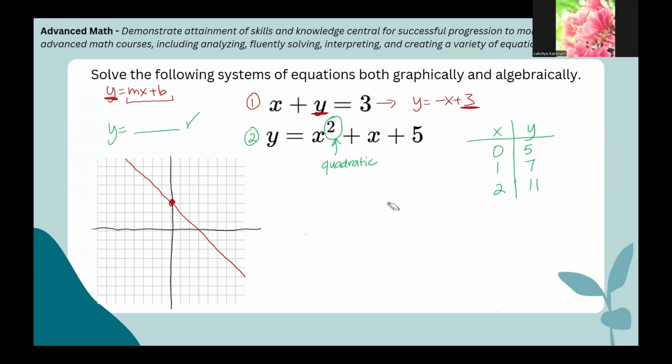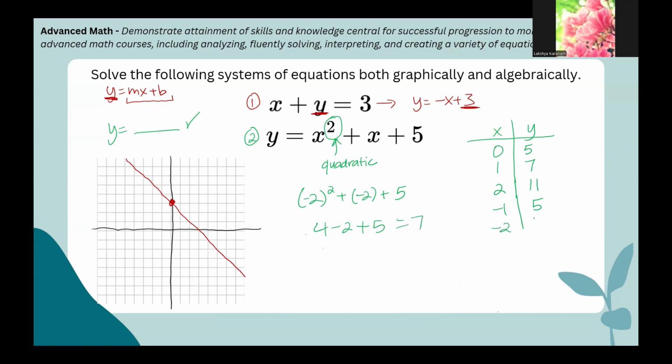Let's go the other direction now. Let's plug in negative 1. So negative 1 squared plus negative 1 plus 5, that would be 1 minus 1 plus 5, which is just 5. If I plugged in negative 2, you would get negative 2 whole squared plus negative 2 plus 5, which is 4 minus 2 plus 5, which is 7.